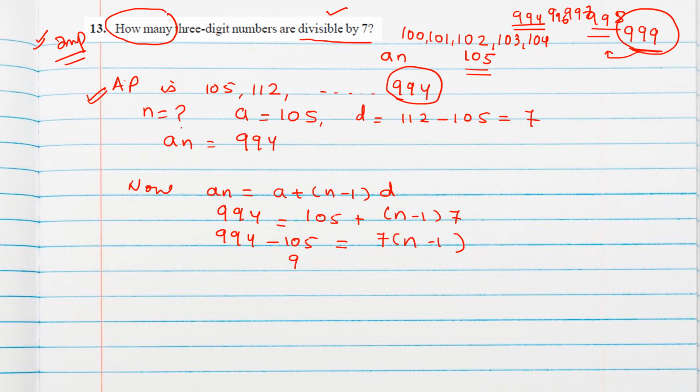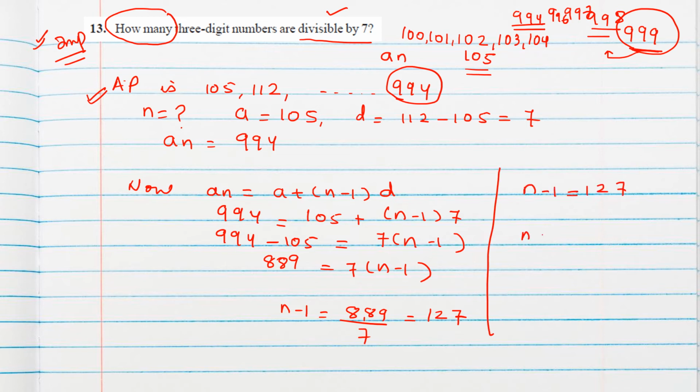Then 98 minus 10 means 88. So n minus 1 is 889 by 7. Cancelling 7, it gives 127. So n minus 1 is 127, so n will be 127 plus 1, that is 128.